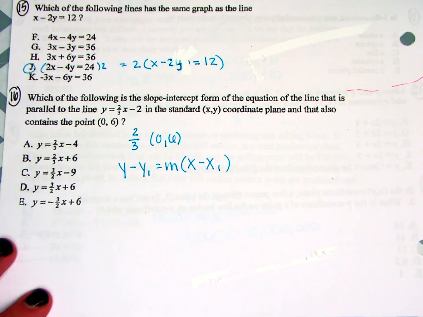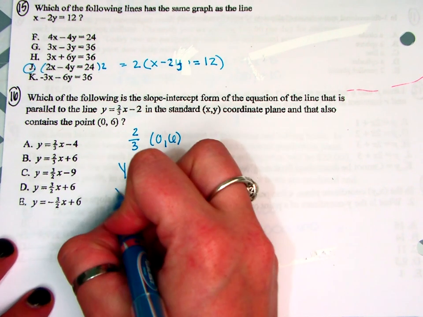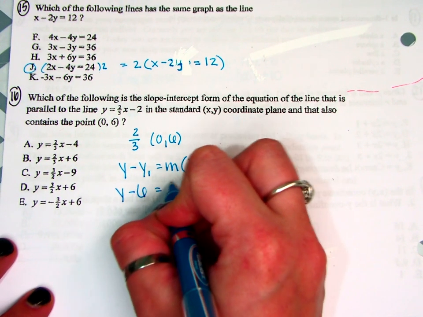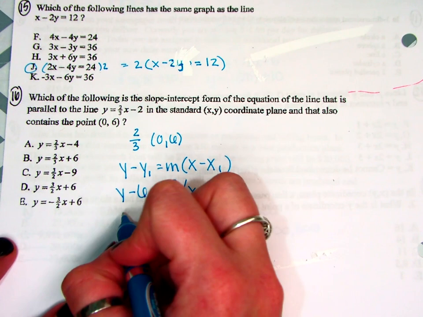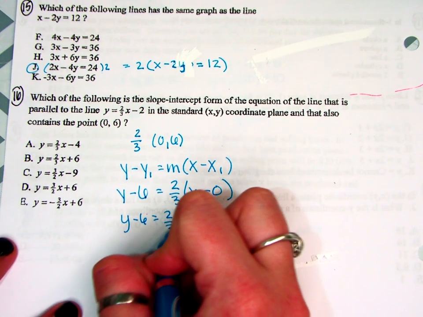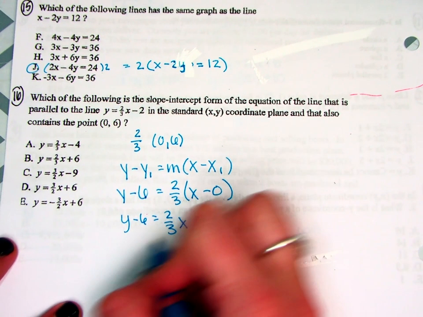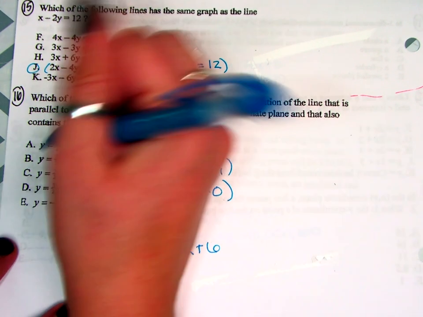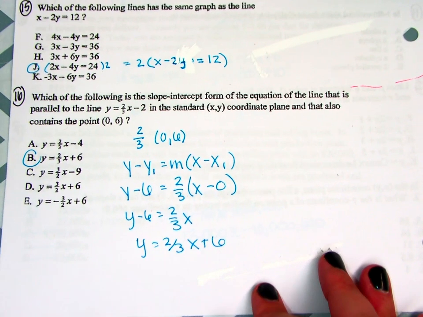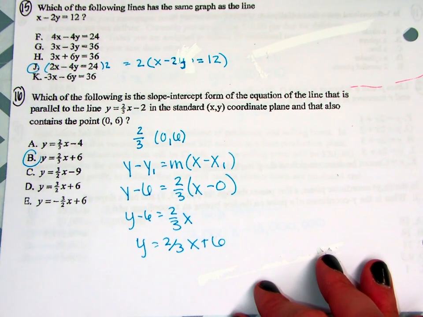So y minus 6 equals 2/3 x minus 0. Plug it in. Y minus 6 equals 2/3 x. Add 6. Y equals 2/3 x plus 6, which is option B. So I would recommend starting in point slope form and solving from there.